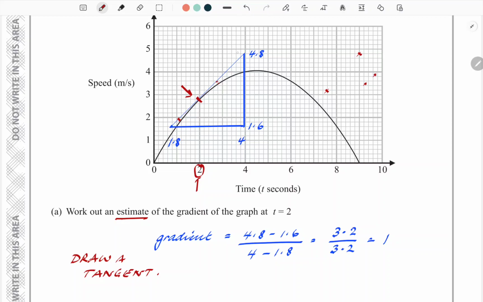And this top one, I read it being across there, 4.8, across here, 1.6. So those are the two vertical values, right? Vertical axes. So in other words, speed. And horizontally along the time axis, I read that as being roughly, oops, what have we done?